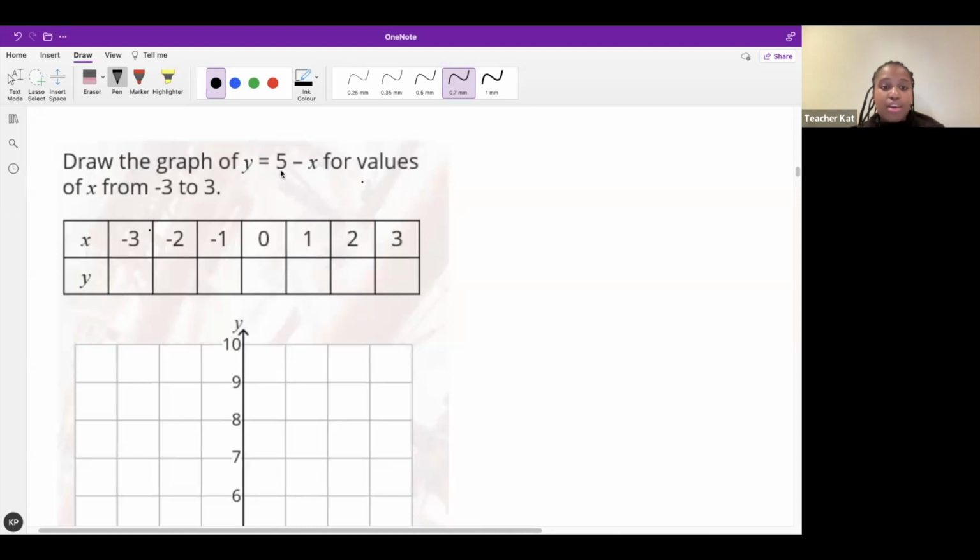Y equals 5 minus -3. What are those two negatives going to become? I have a negative in between, and those two negatives are going to be a positive. Okay, so I'm going to say this is equal to 5 plus 3.